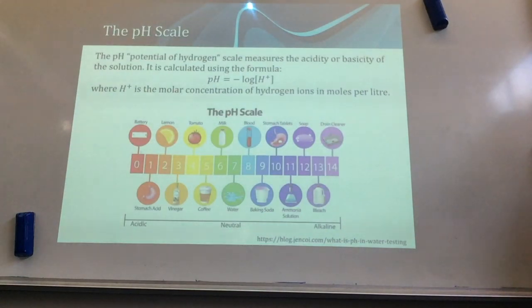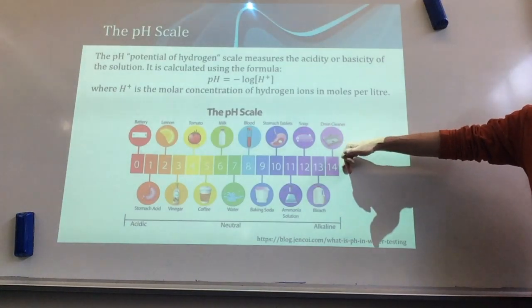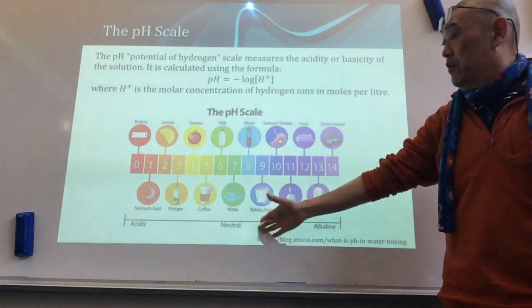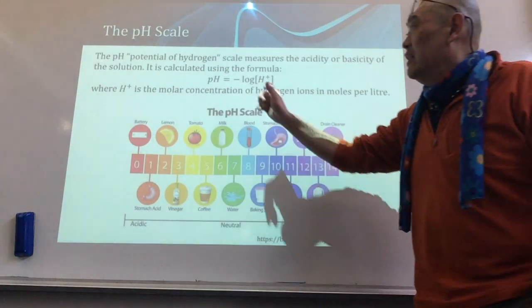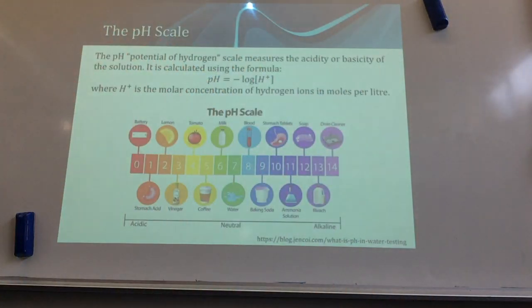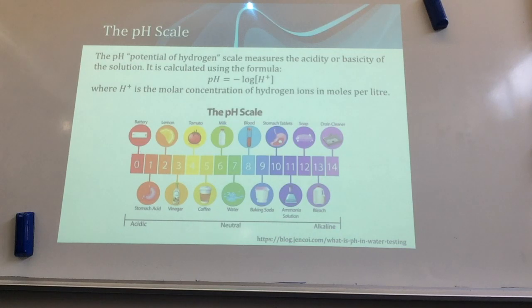The pH scales. So you know that pH of 0 is very strong acidity, whereas pH of 14 is very strong base. All right? So 7 is neutral. The pH is actually potential of hydrogen scale. It measures the acidity or basicity of the solution.